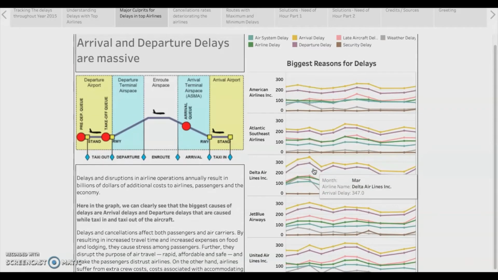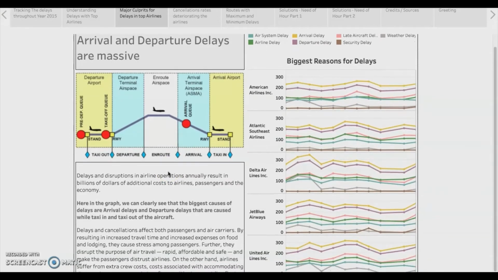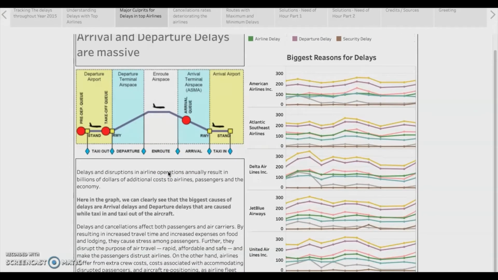To understand what arrival delays and departure delays are, we have to dig deeper and understand taxi out and taxi in. The time elapsed between the departure from the origin airport gate and the wheels off is known as taxi out. Here we can see the taxi out part and the taxi in part. The time elapsed between the wheels on and the gate arrival at the destination airport is known as taxi in.